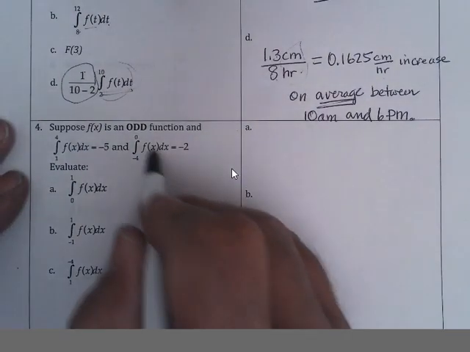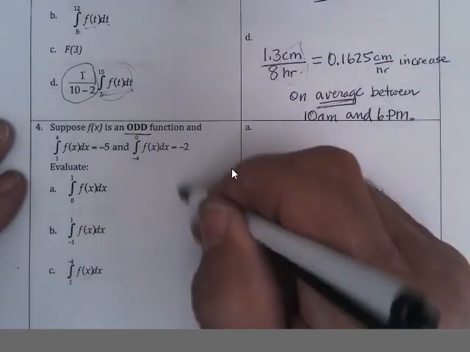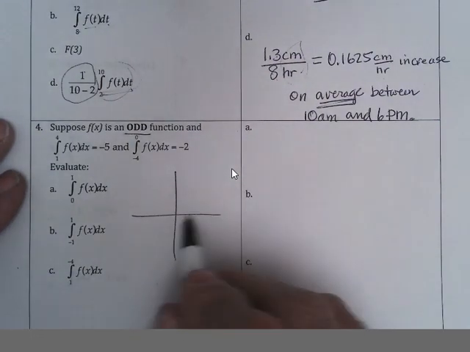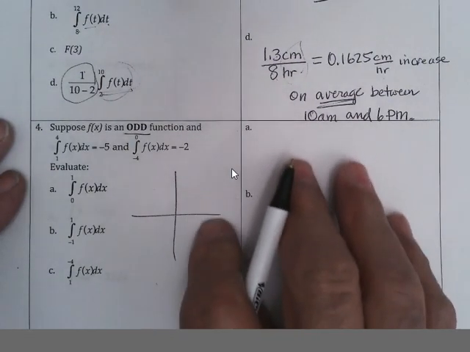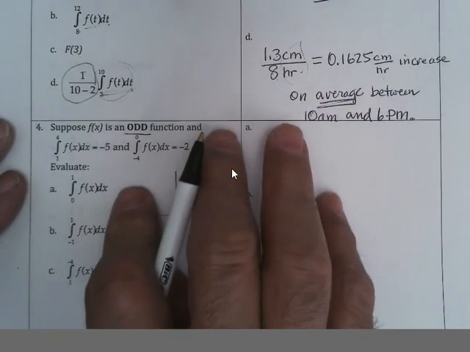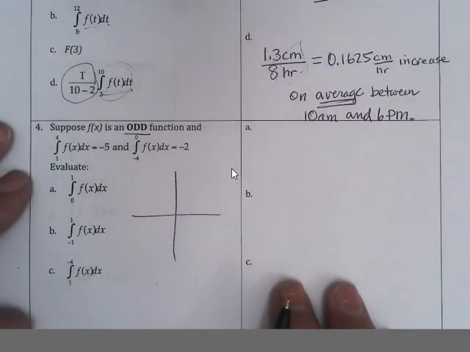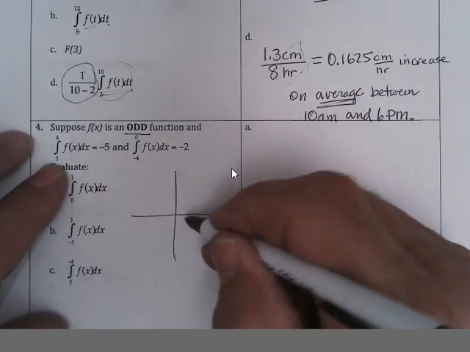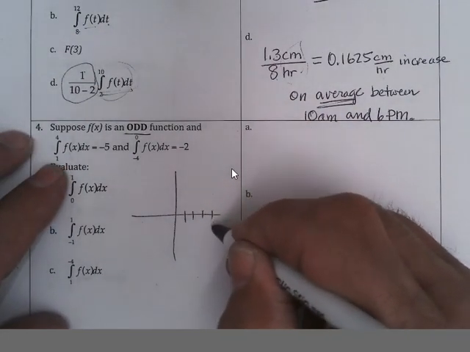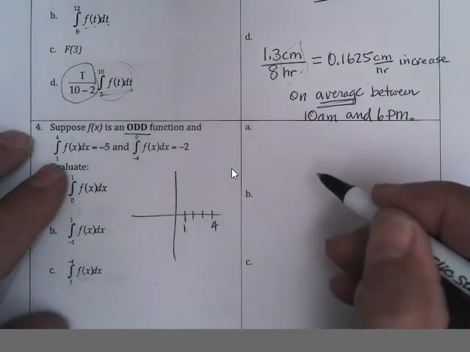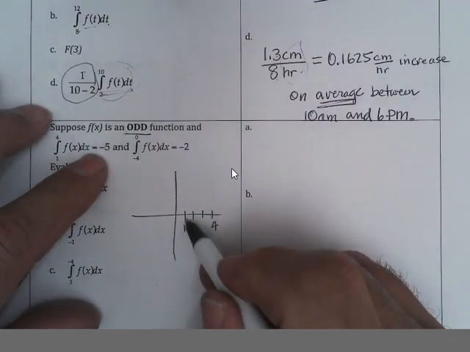Number 4 says it's an odd function, which means if it does something on this side, if it's positive, then it's negative over here. If it's positive over here, it's negative over here. So between 1 and 4, we had an area of negative 5.